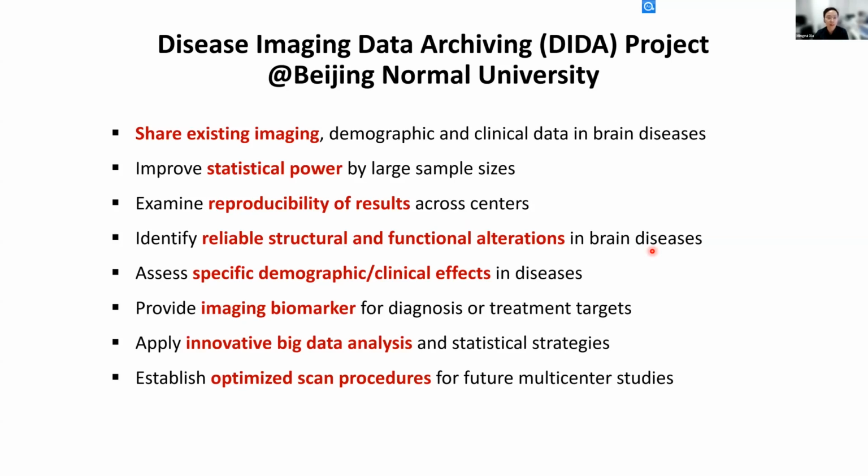Moreover, we can assess the effects of specific demographic or clinical variables in the disease and provide imaging biomarkers for diagnosis or treatment targets. For the methodology, these data could inspire innovative big data analysis methods and also optimize the scan procedures for future multi-center studies.